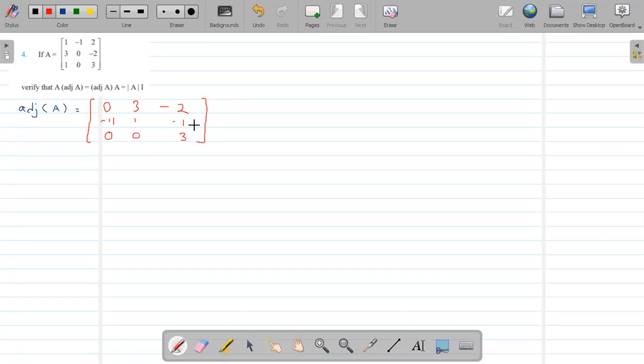Okay, now we are going to solve this part: A multiplied by adjoint of A. So what is A? As I said, A is nothing but this, your question: 1, 3, 1, minus 1, 0, 0, and 2, minus 2, 3.